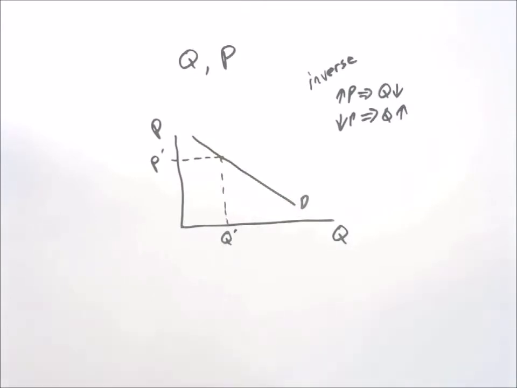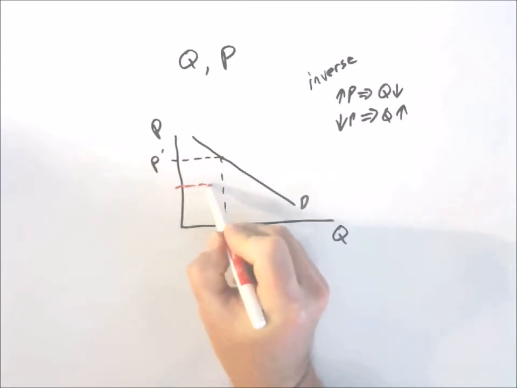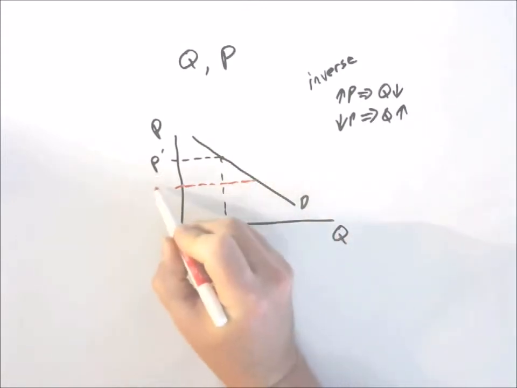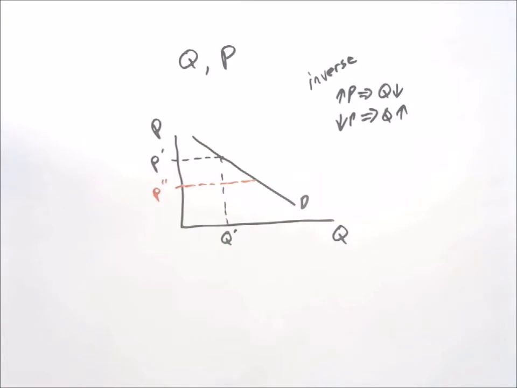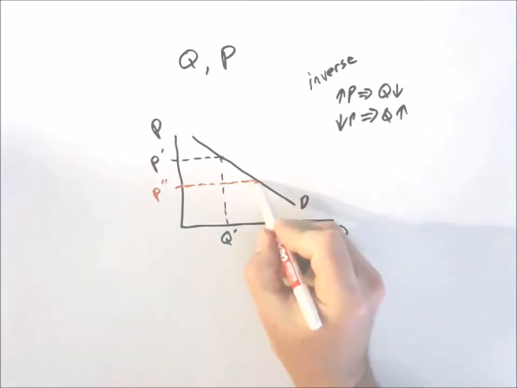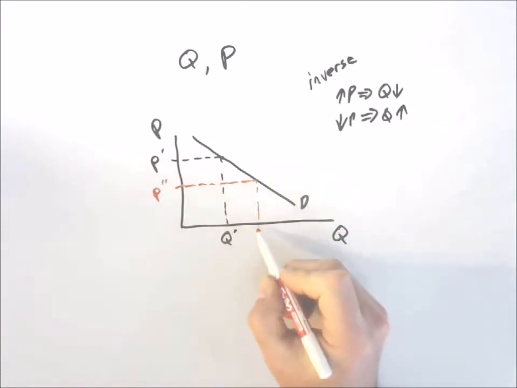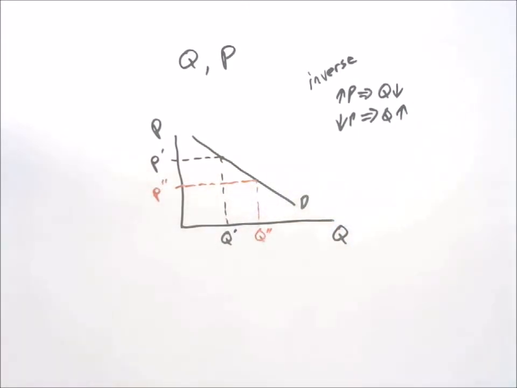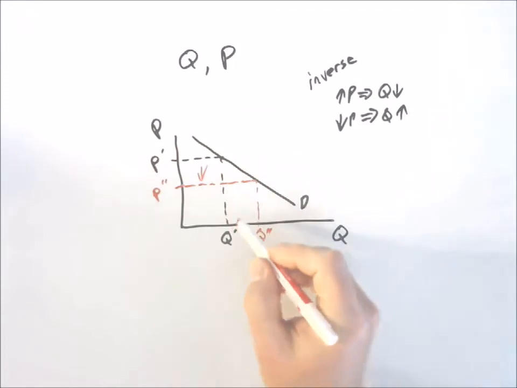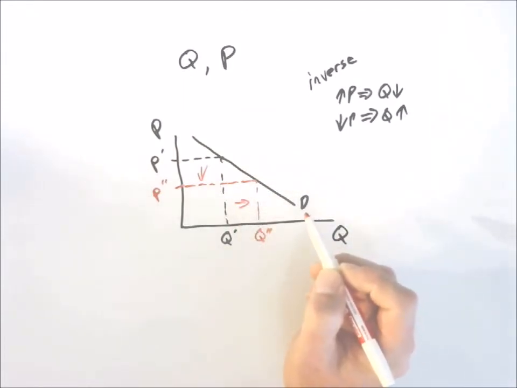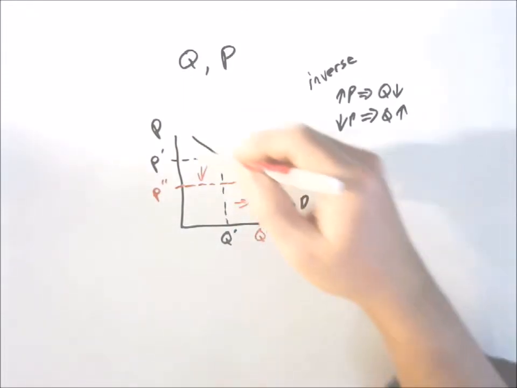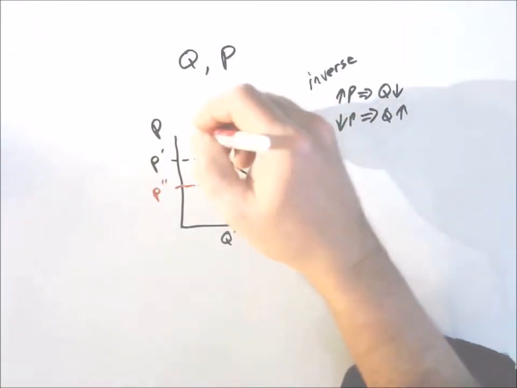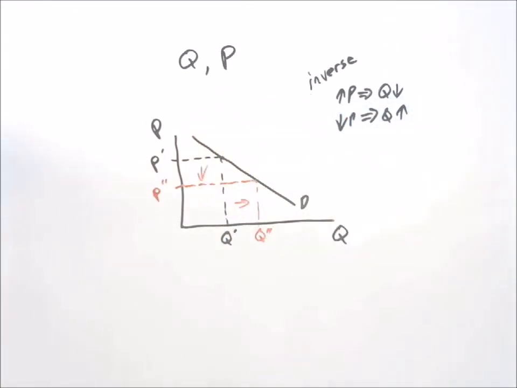If I lower the price of the product to P double prime, say 75 cents each, I would probably increase the quantity I desire, say to 4 candy bars instead of 2. So the price falls, the quantity I desire rises.